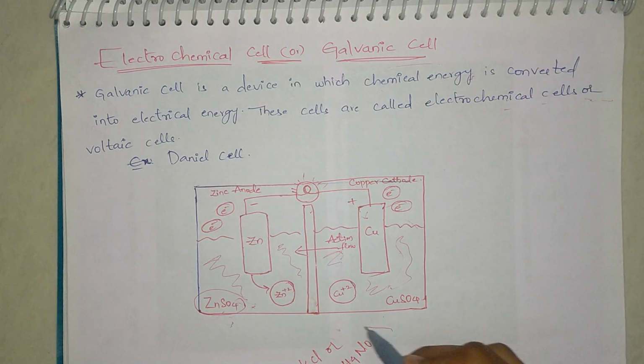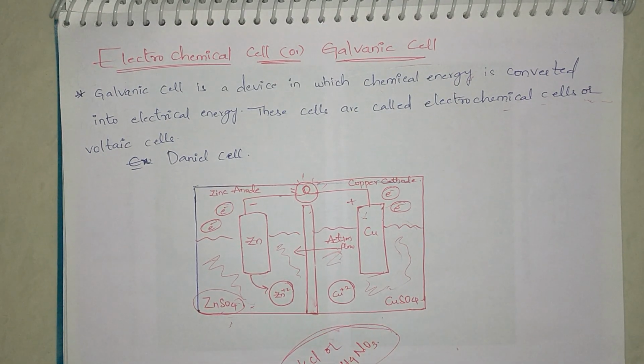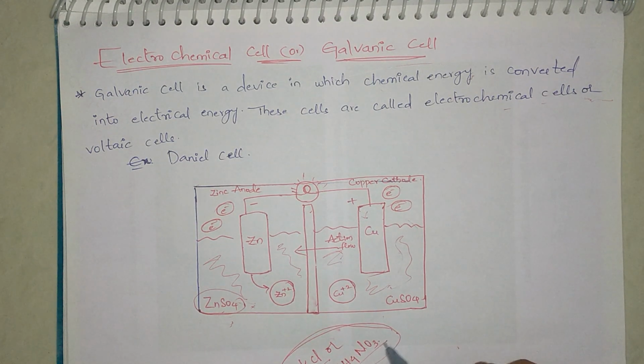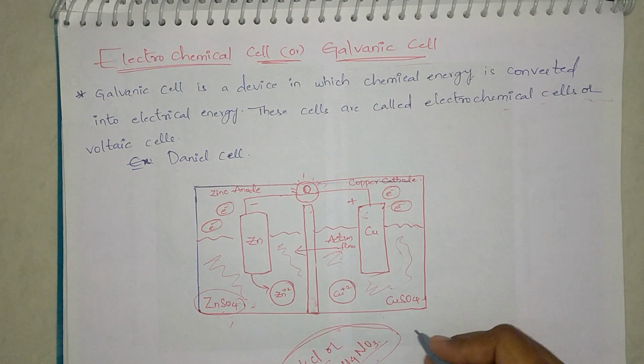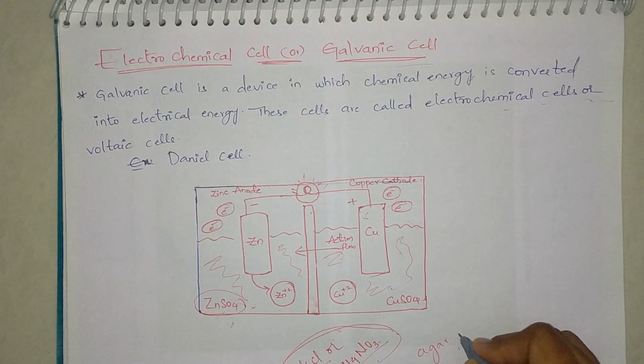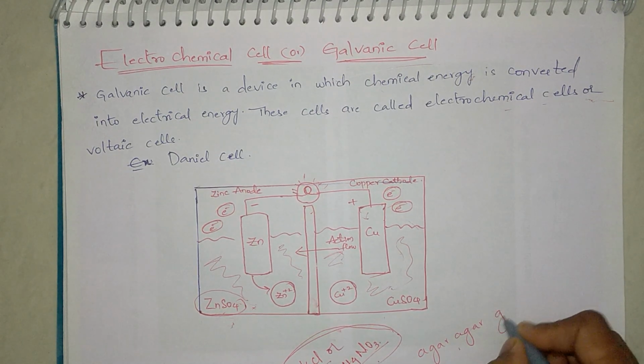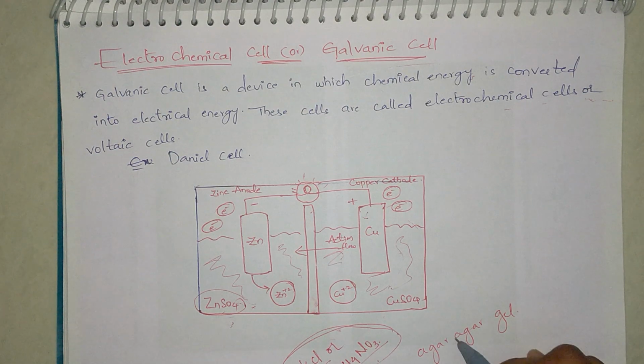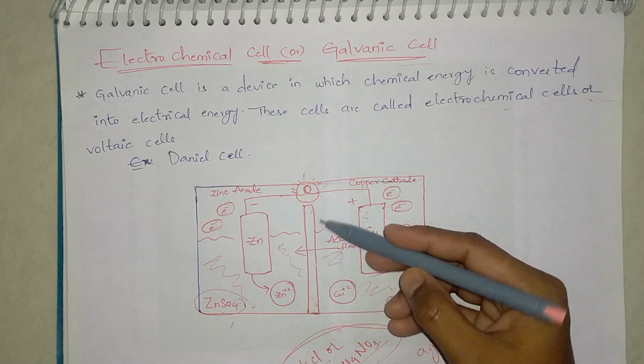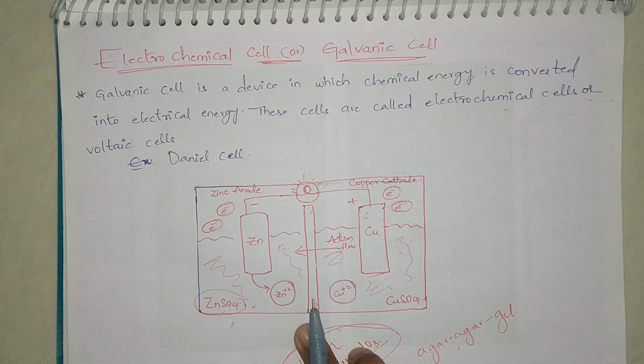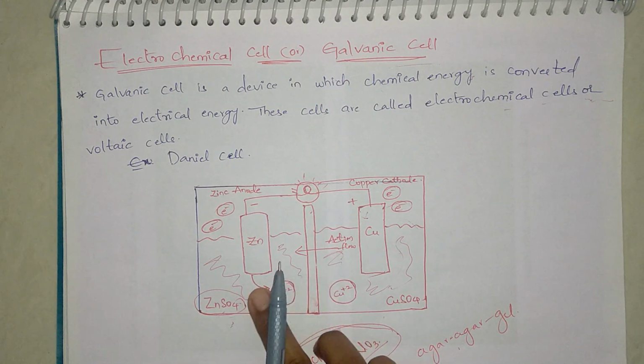This salt bridge is made up of potassium chloride or NH4NO3, which is dipped in agar gel. Whatever this membrane is, we will call it the salt bridge, and it will act as a membrane between these two.